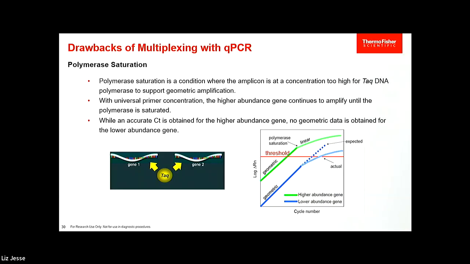But your second gene, that may not be as prevalent, amplifies, however, it starts to run out of materials to use, and so the actual threshold will start to taper off. This seriously impacts where your CT value is calculated. And so that competition within the same well creates variability when you're multiplexing all of the genes together.